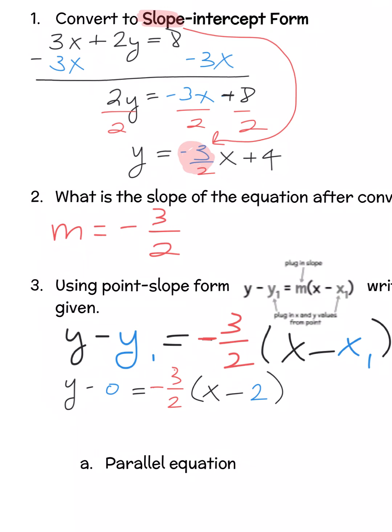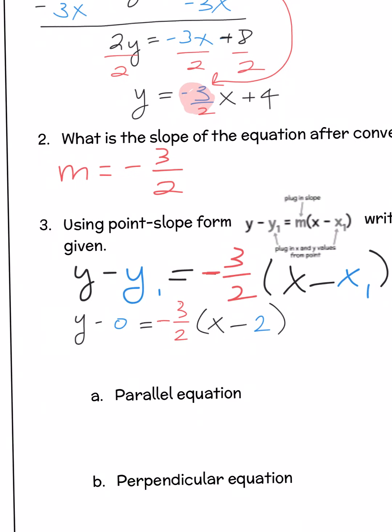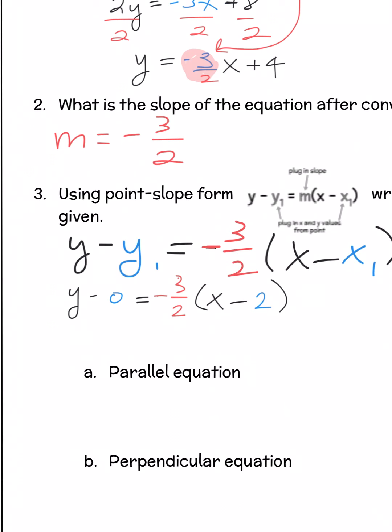Now, once I figure that out, I can go ahead and find the parallel equation. All I have to do is take this form right here and simplify it for y, as in just get y by itself. So then y minus 0 is just y, as you see right here.